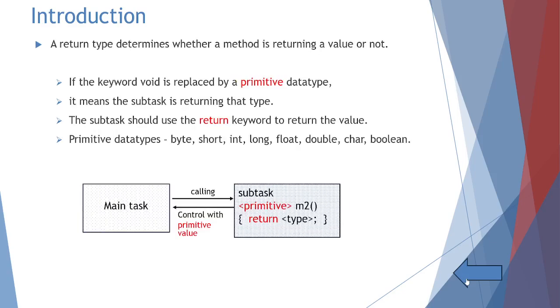But if the void keyword is replaced by any primitive data type, byte, short, int, long, float, double, char, boolean, any one of them, that means the subtask is returning that type. Void means not returning. Any primitive data type means it is returning. In that case, a keyword called return should be there as a part of the subtask.